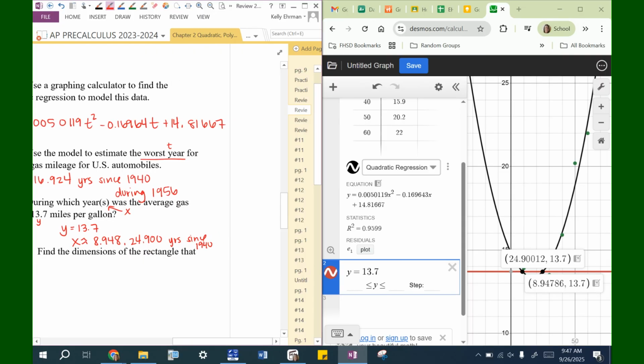If you want to give me the actual years, that would mean like sometime during 1948 and add 24 or 25, I guess, the very end of the 24th year, that'd be 1964. The reason I didn't round up on that, I'm just saying like during these years. All right, so you can just give me the t values. I said x, I should have said t.